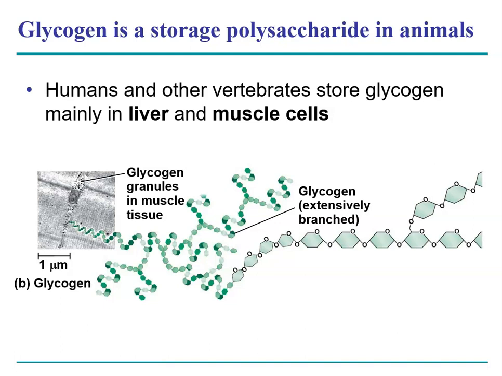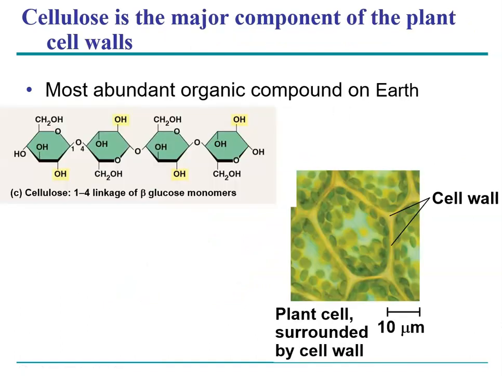Going beyond the role of carbohydrates as an immediate or long-term source of food, remember that another role they can play is in structural support and protection. We see that in cellulose. Cellulose is a major component in the cell walls of plants. Fun fact, it's also the most abundant organic compound on Earth.